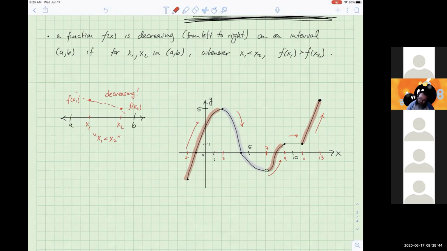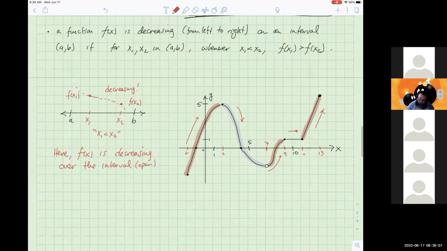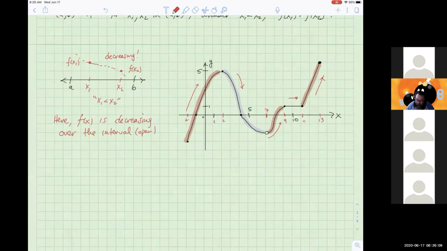And so f of x, I'll write that over here. Here, f of x is decreasing over the open interval, I should say, from 2 to 7.